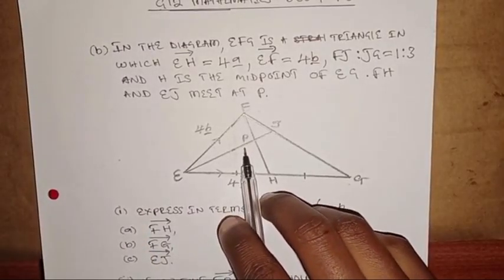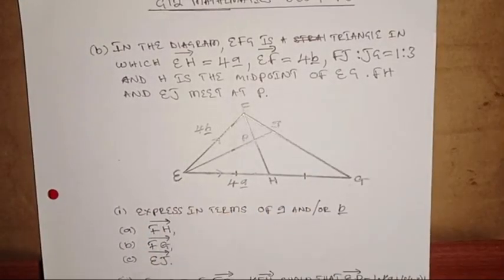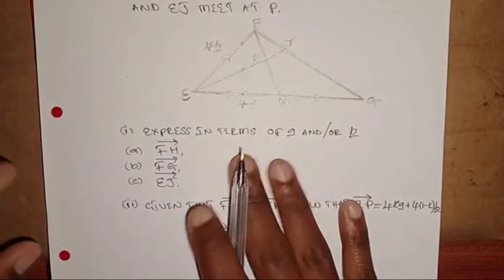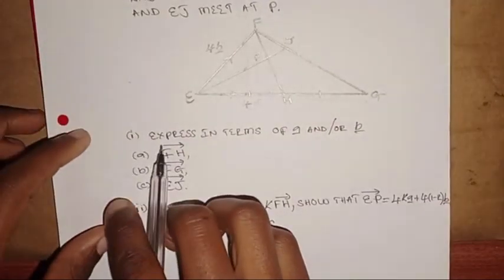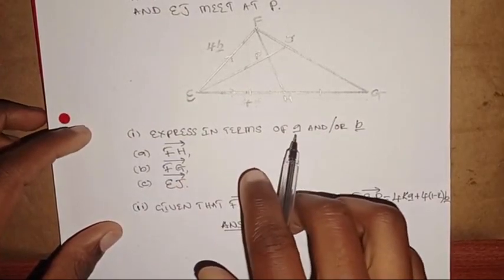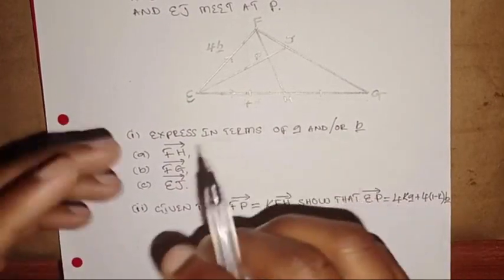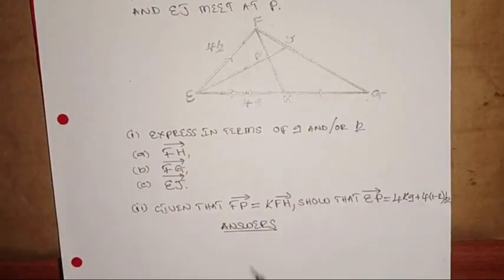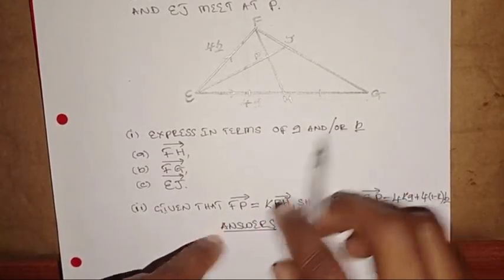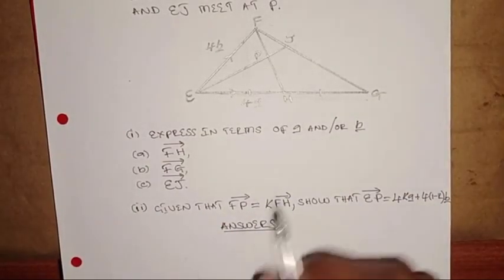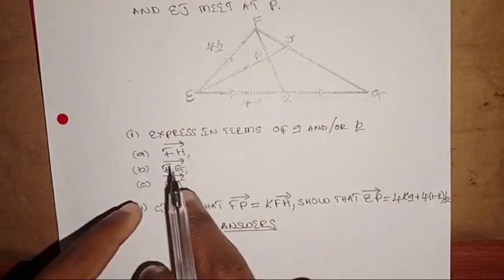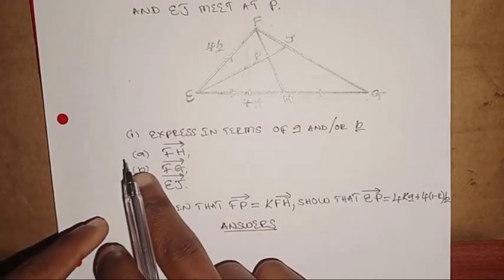Okay, so now that we are done with interpreting the problem, let us look at what has been asked. The question says express in terms of a and or b. So whenever we answer this question, the answer should contain these stated letters.